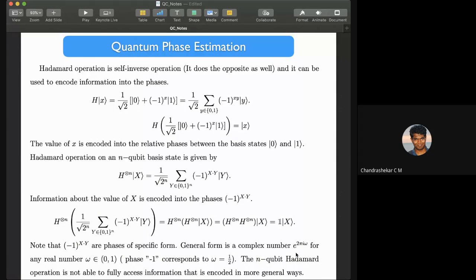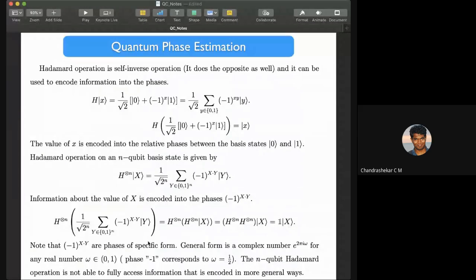As I said before also, you can have information of whether the phase between the 0 and 1 is -1 or +1, and that information you can get, but you can't get the information of a very general phase using a Hadamard operation. You can do that using a more complicated algorithm. That's what it means.